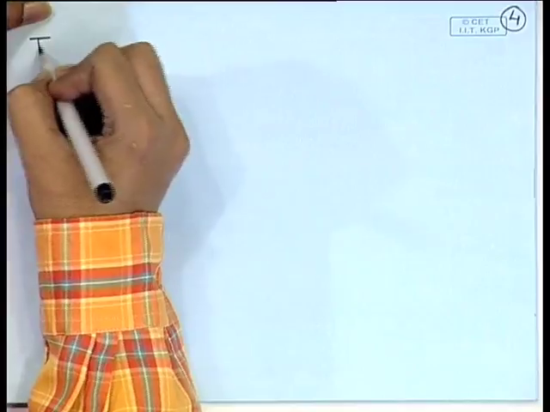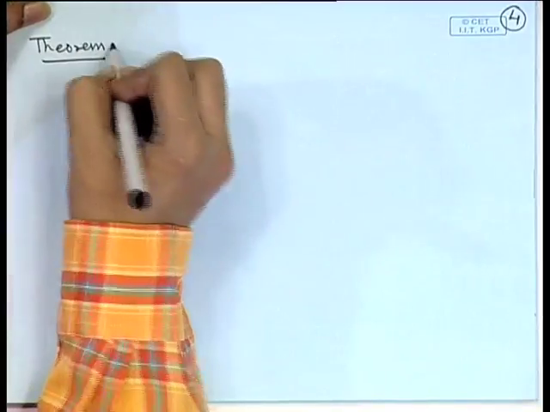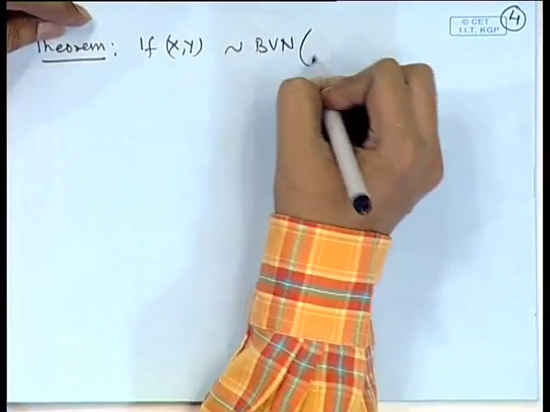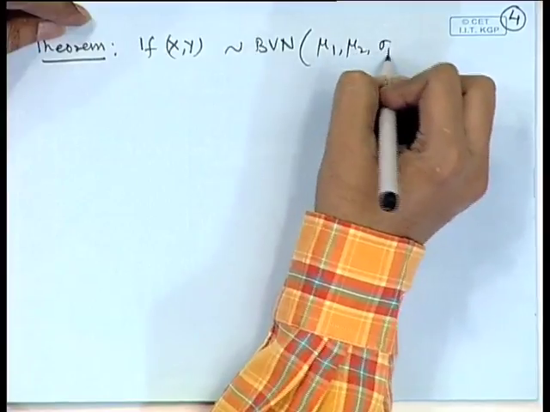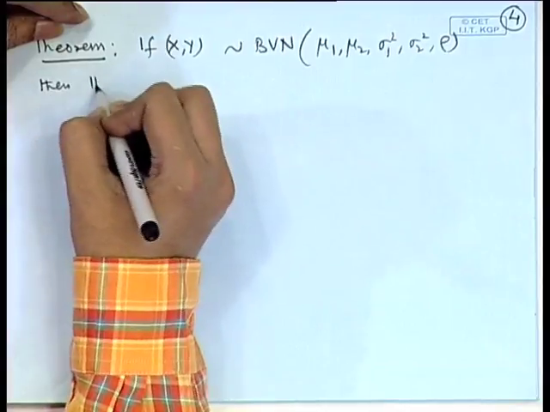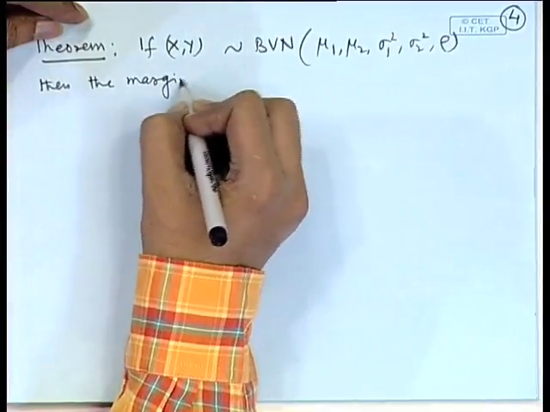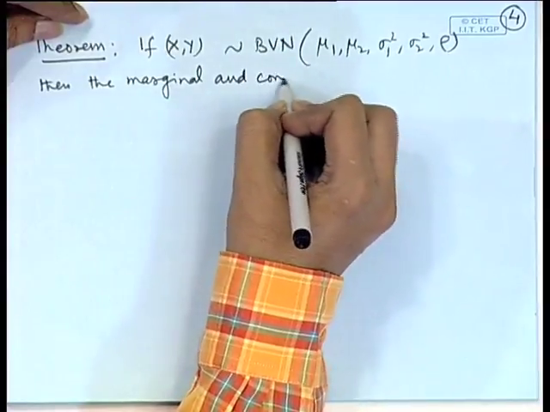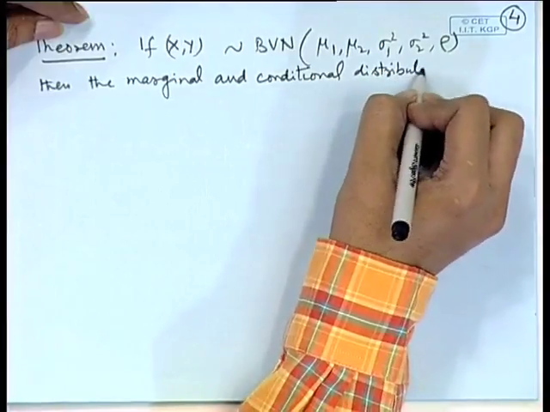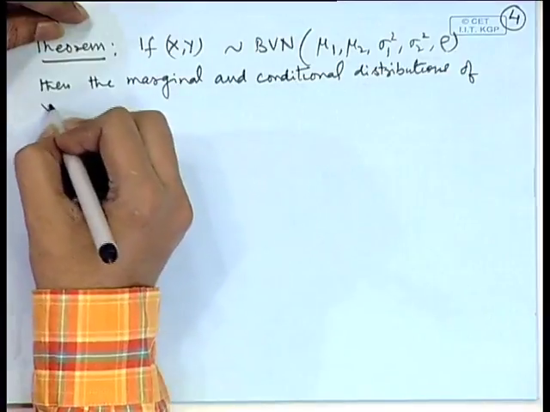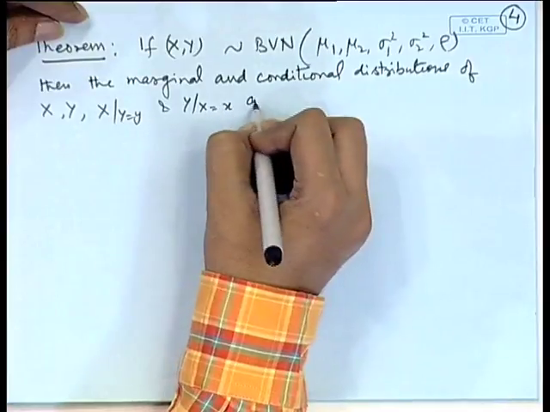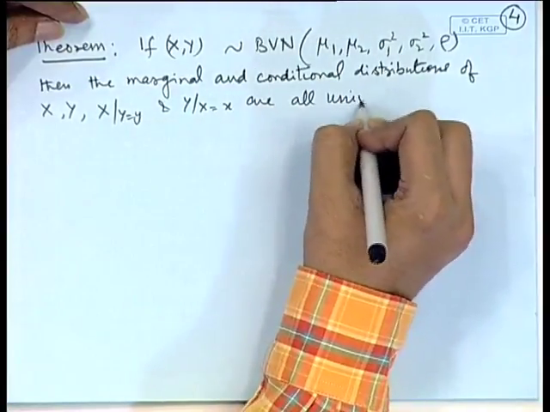We can state it as a theorem. If (X, Y) follows bivariate normal with some parameters, say mu 1, mu 2, sigma 1 square, sigma 2 square and rho, then the marginal and conditional distributions of X, Y, X given Y and Y given X are all univariate normal.